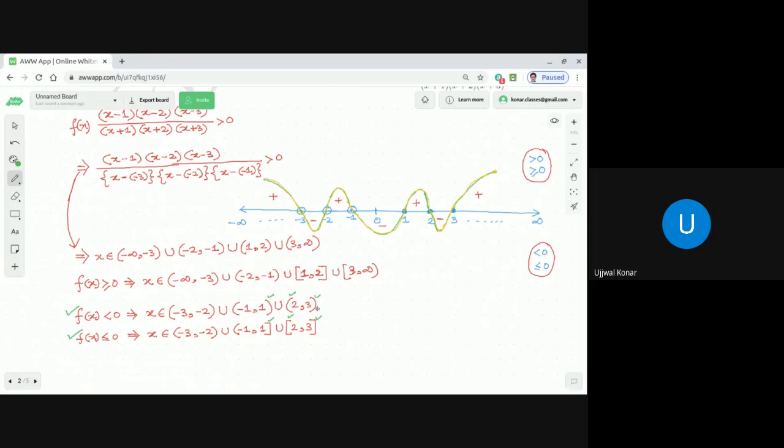Why? Because 1, 2, and 3 are the points for which the numerator is 0. But for the denominator points, we kept them as they are, like -3, -2, and -1. Because for -3, -2, and -1, if we apply, the denominator becomes 0. Correct? And it is undefined, so we should not include those points. That is why it is the open interval.